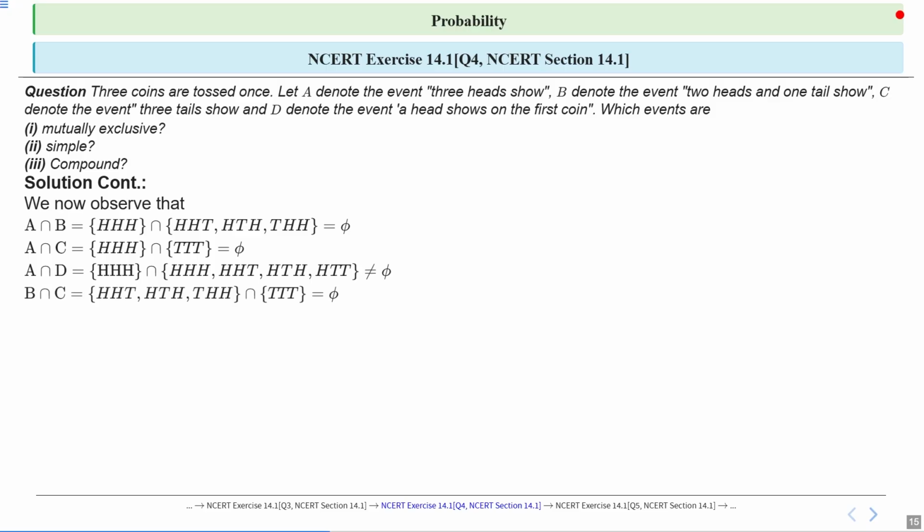And B intersection C: if you find it, you will not get any point, so B intersection C is the empty set. And what is B intersection D? If you find it, you will get common points in B and D. So B intersection D is non-empty. Clear?